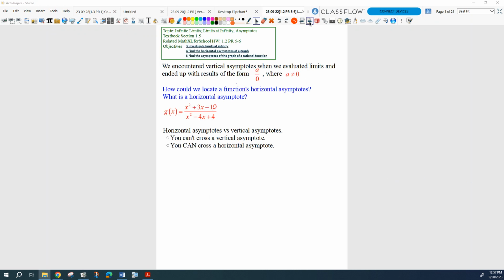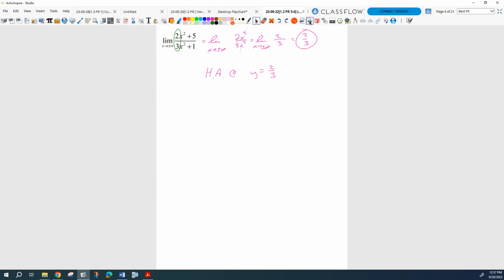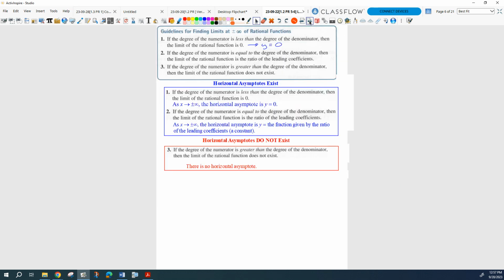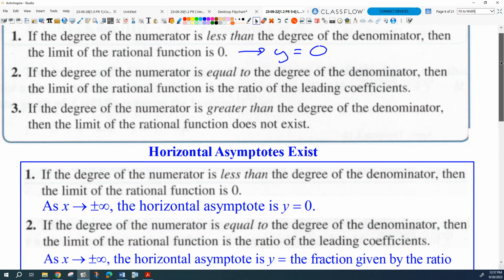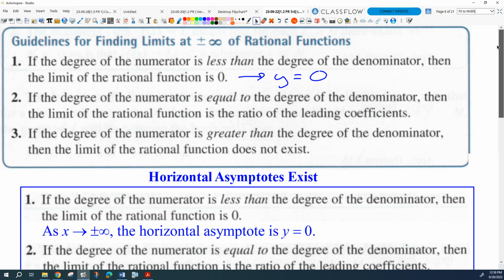Let's go back again and look at the notes on that. Limits at infinity, right there. Guidelines for finding limits at positive or negative infinity.